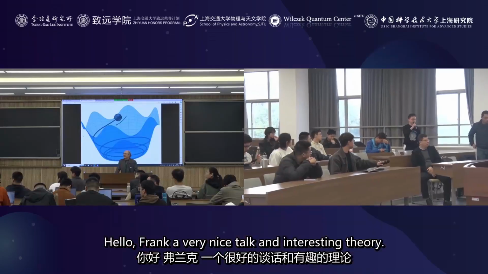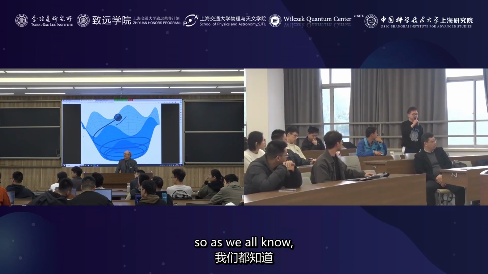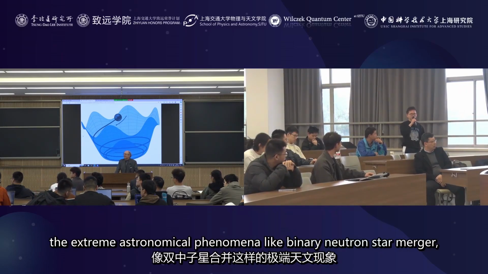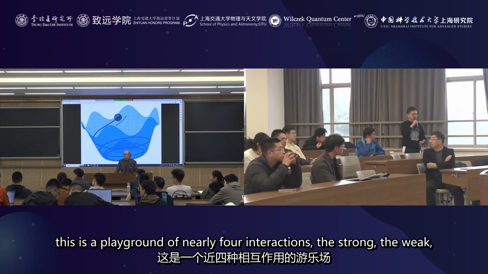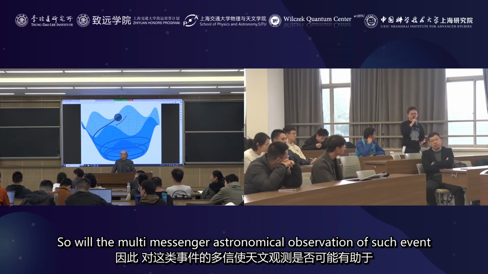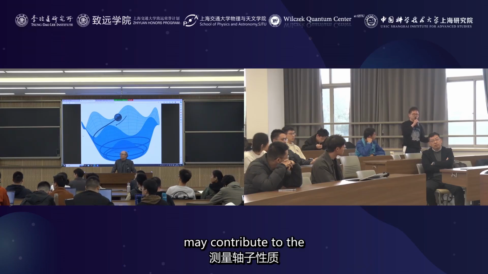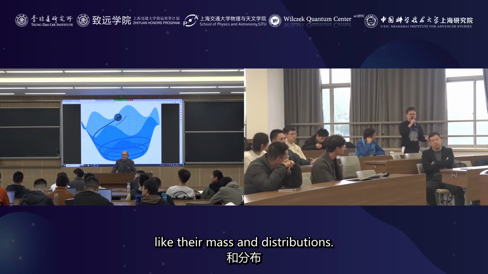Hello, Frank. A very nice talk and an interesting theory. So my question is, as we all know, extreme astronomical phenomena like binary neutron star mergers are a playground of nearly all four interactions: the strong, the weak, the electromagnetic, and the gravitational. So may multi-messenger astronomical observations of such events contribute to the measurement of axion properties, like their mass and their distributions?